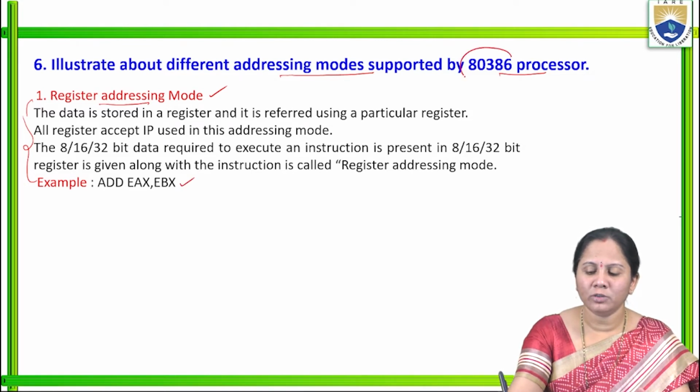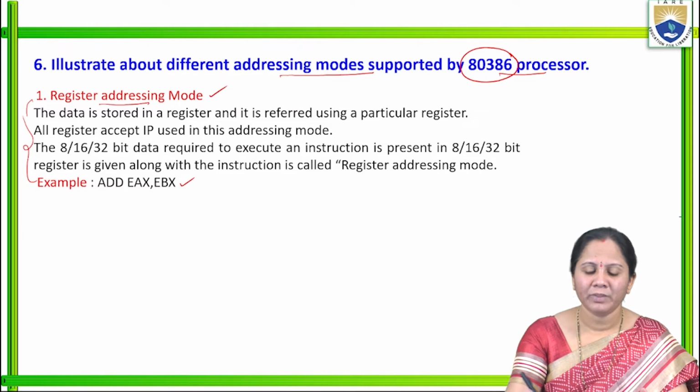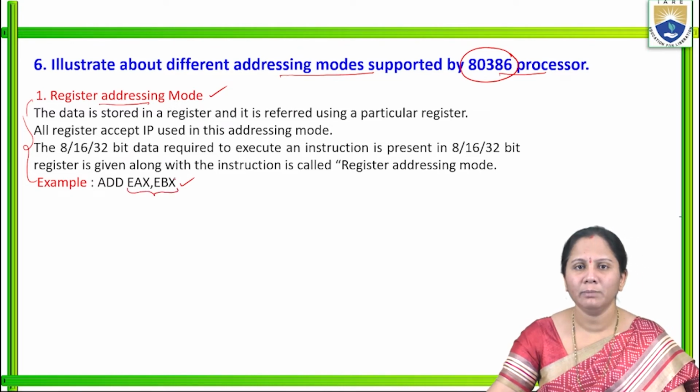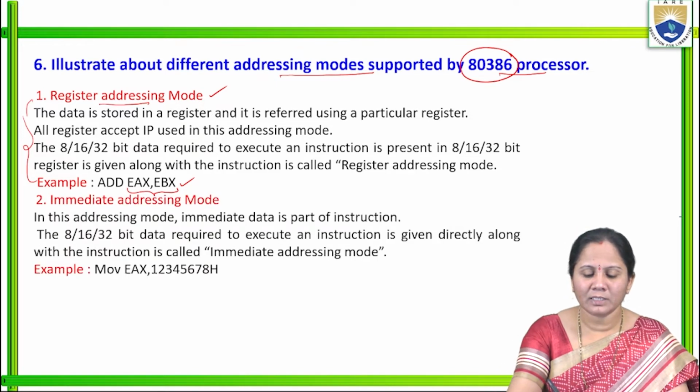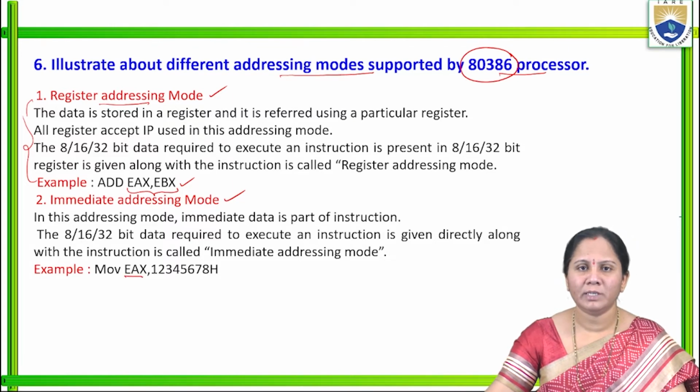So here 80386 is the advanced microprocessor which consists of 32-bit extended registers. That is why here in place of registers we will have EAX and EBX, that is extended AX and extended BX, because each of these registers is 32-bit. And another addressing mode is immediate addressing mode. So here also we have to use a 16-bit register.